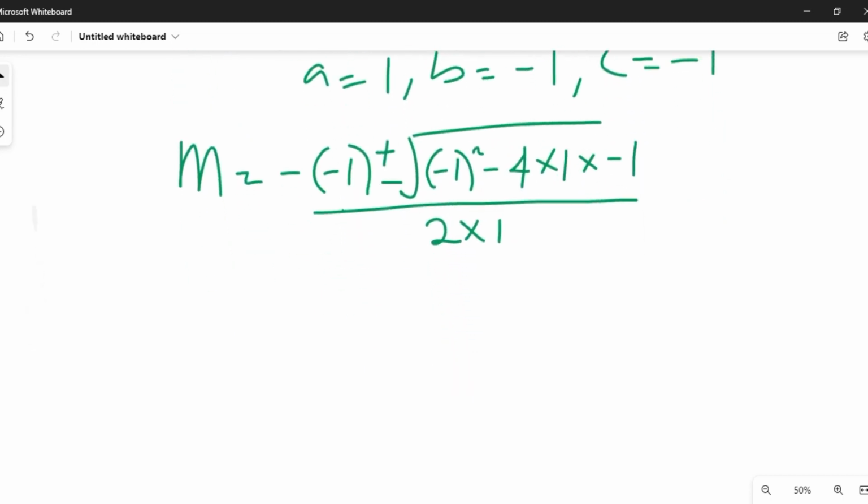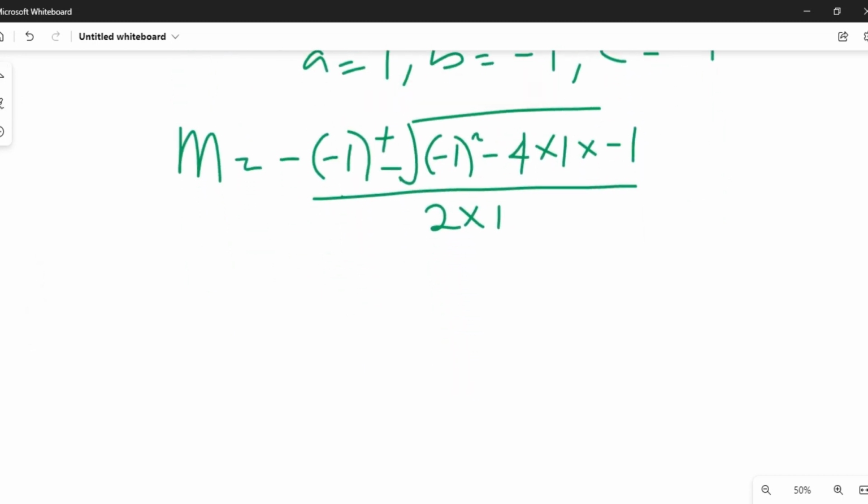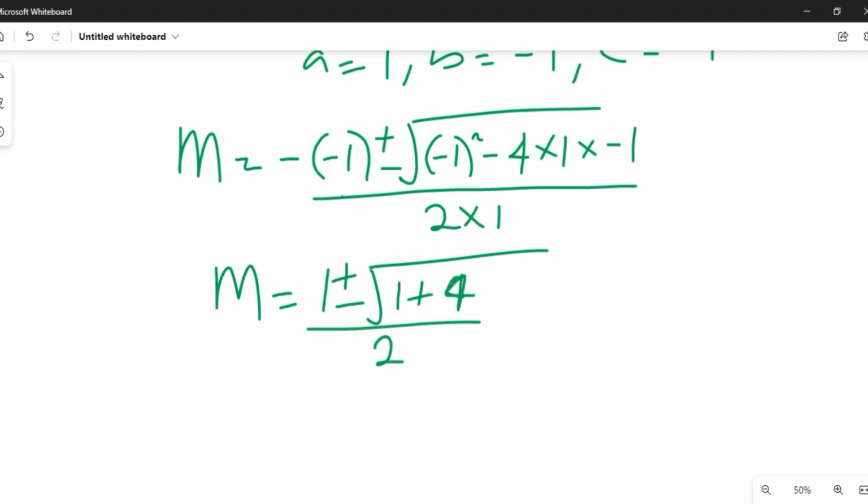So minus times minus 1 gives us 1, plus or minus square root of what? 1, and minus 4 times 1 gives minus 4, times minus 1 gives plus 4, so plus 4, over 2. So our m will be equal to 1 plus or minus square root of 5 over 2.